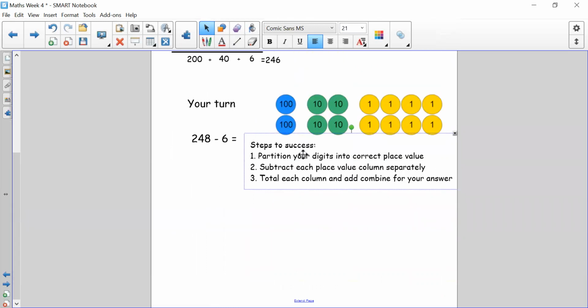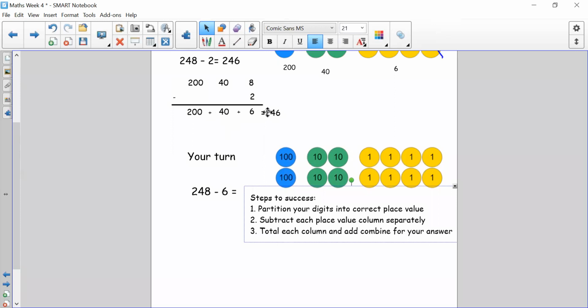Step 1, you're going to partition your digits into the correct place value. You're going to partition 200, 40, and 8, and then you're going to take away 6. I want you to partition the digits like I did up there. You're going to partition yours and subtract. So pause the video and we'll come back and go through every single step when you have done.